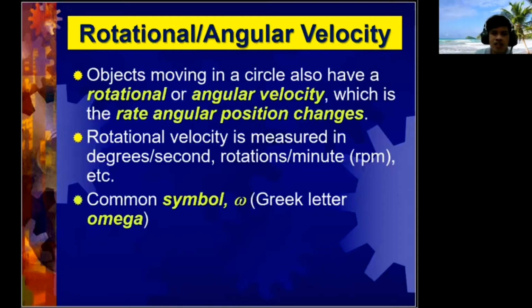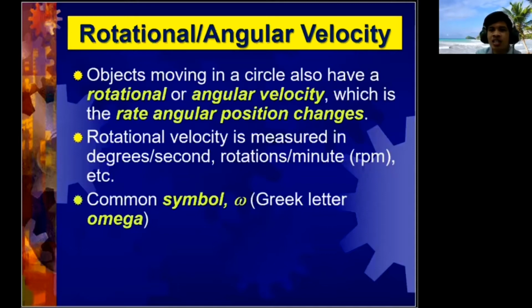Now, rotational velocity is measured in degrees per second. However, the common measurement is radians per second, right? So degrees per second is converted into radians. I think you know that already in your mathematics. Radians per second, or you can also have rotations per minute, or sometimes they call it revolutions per minute, or RPM.